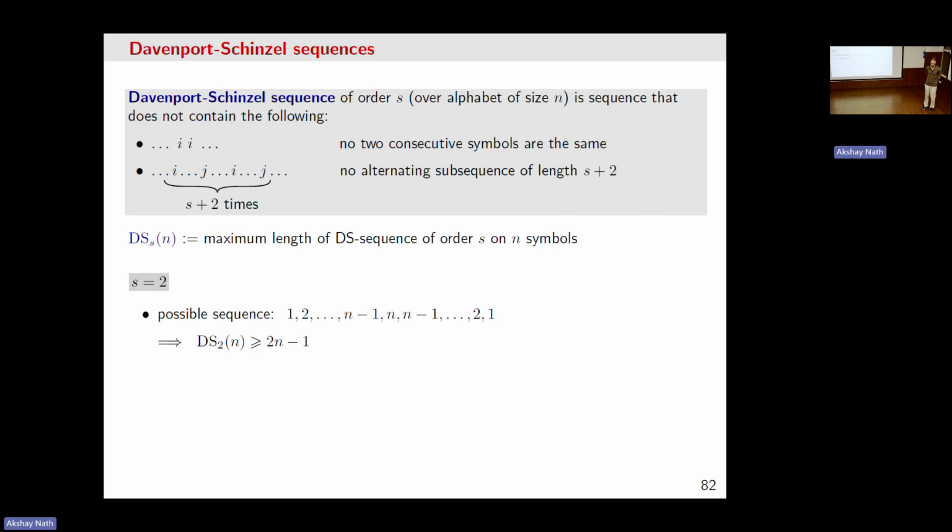What you said is also 2n minus 1, 1, 2, 1, 3. I'm not saying that it's 2, I'm just saying that an individual symbol could appear more than twice. But then probably what I said also gives 2n minus 1, right? I just have 1, 2, 1, 3, 1, 4, and that's all.